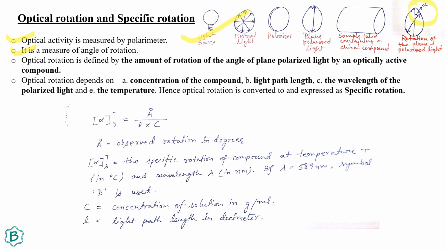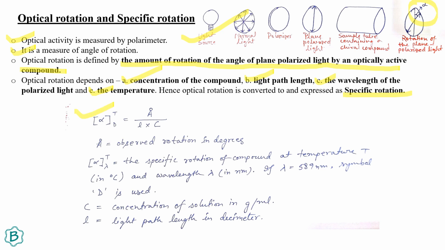Optical rotation is defined as the amount of rotation of the angle of plane polarized light by an optically active compound. Optical rotation depends on the concentration of the compound, the light path length, the wavelength of the plane polarized light, and the temperature. Hence, optical rotation is converted to and expressed as specific rotation.